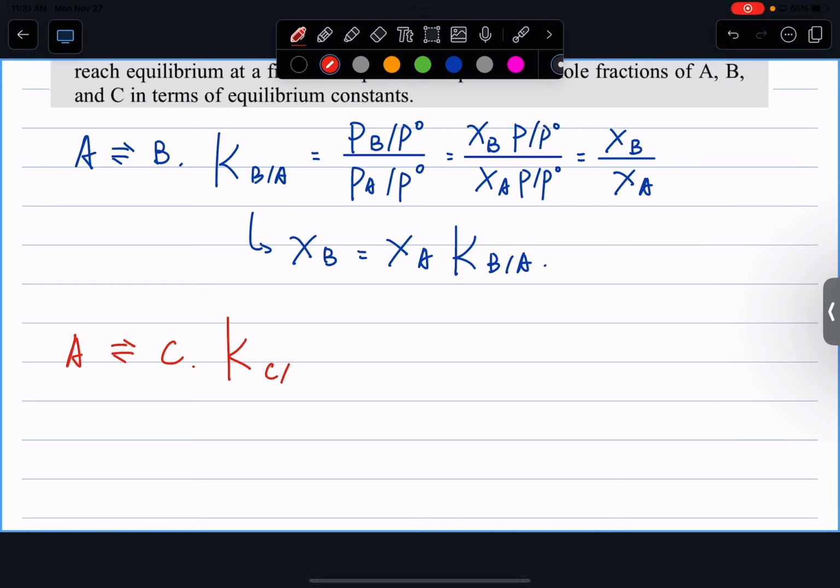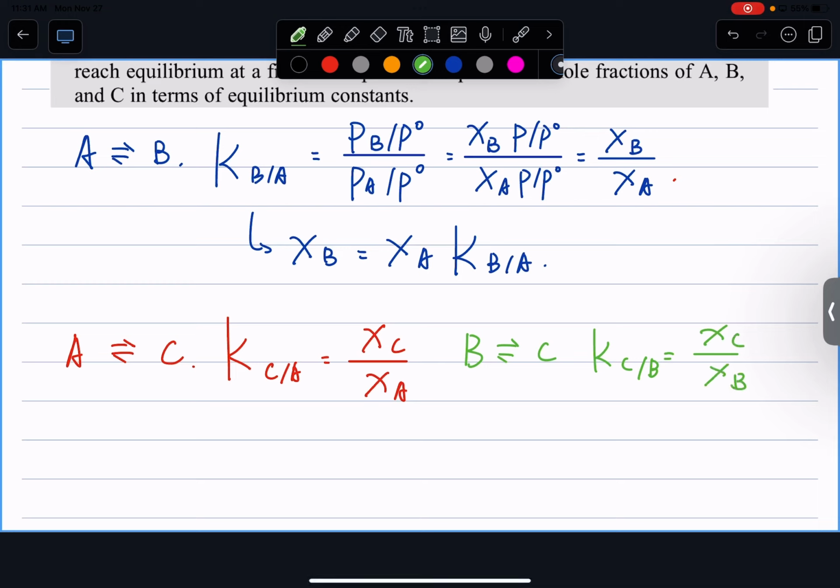Your K CA, using the same derivation, you can write as chi C over chi A. And also for your B and C equilibrium, you can write the expression as K CB equals chi C over chi B. It's the same kind of derivation. But we know something more about these mole fractions. Or the other way to put it is your mole fractions are inherently connected.